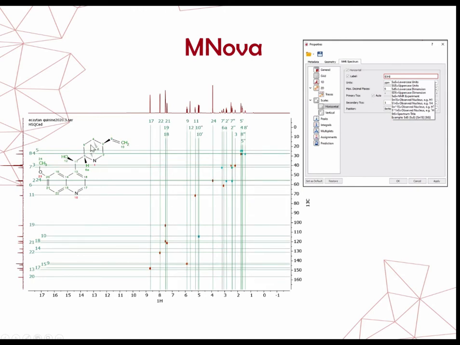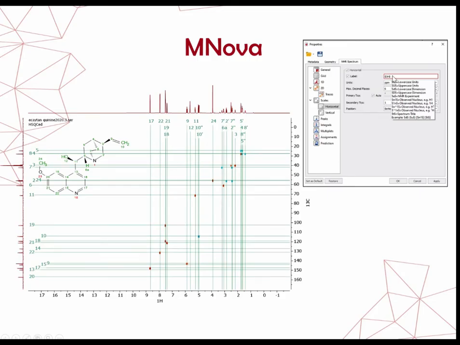When you work well, you can get a fully assigned two-dimensional spectrum, and it's really easy to work on this when you have the molecule with the numbering, and so you can see on your two-dimensional spectra all the correlations and easily check them and make the assignment.